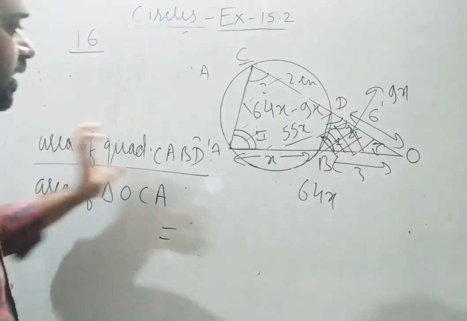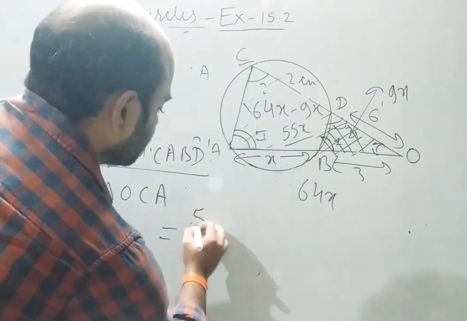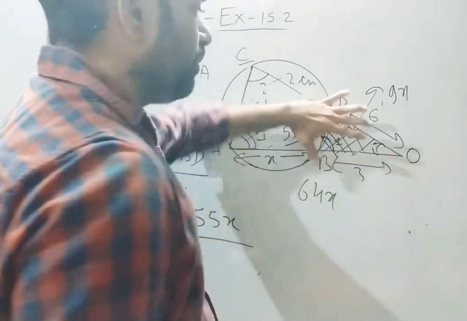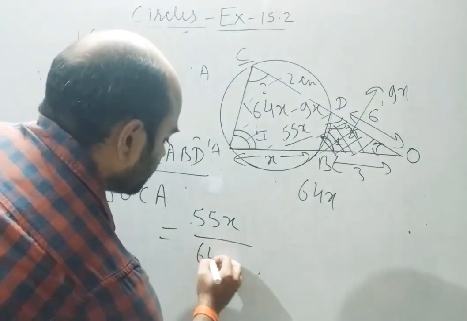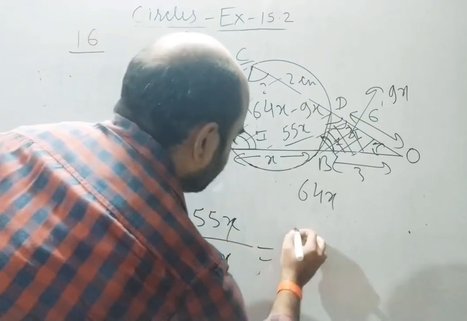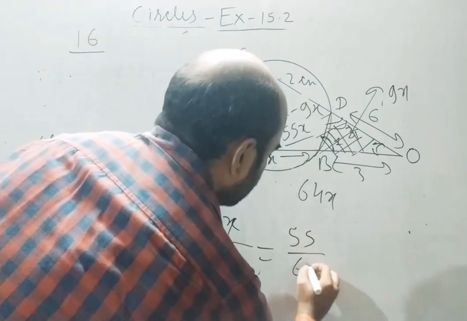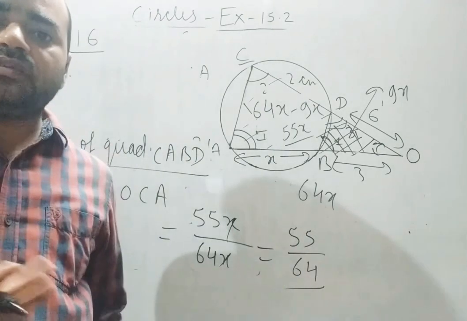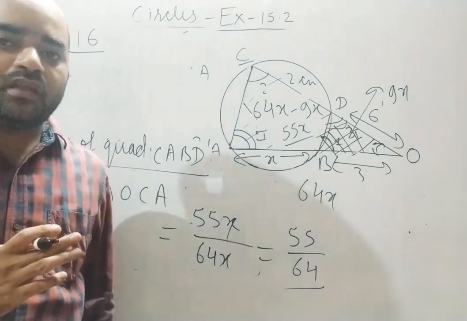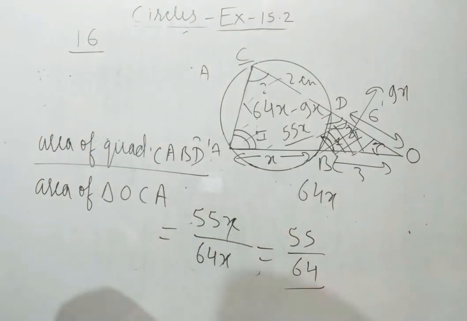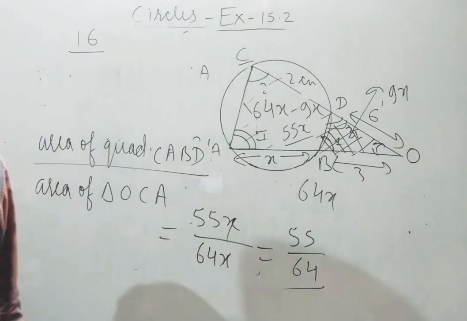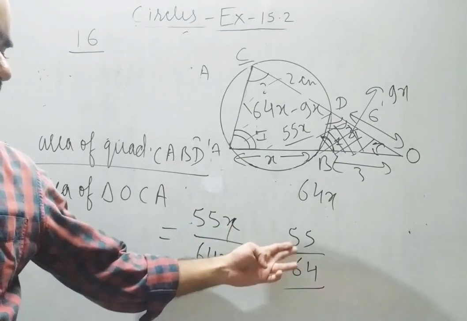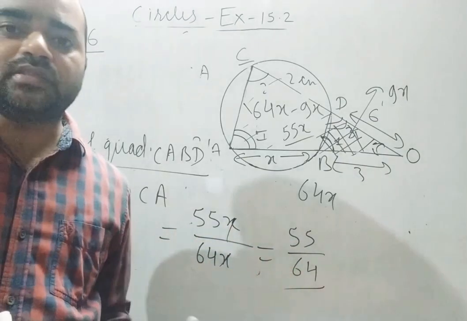So, quadrilateral CABD means 55x upon OCA means complete triangle, that is 64x. So, this will be 55 upon 64. Fraction is asked. So, answer will be also in fraction. Clear? Using the properties of similarity of triangles. Simplification will be done? No, I think. So that is your second exercise.